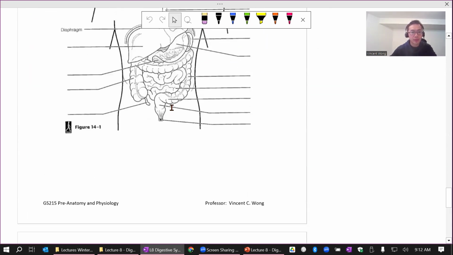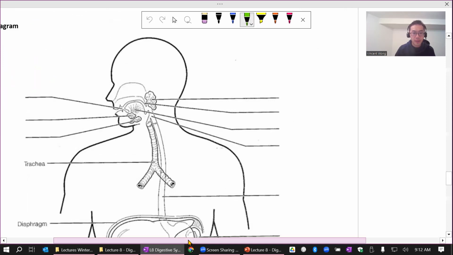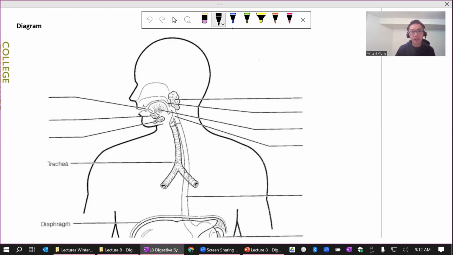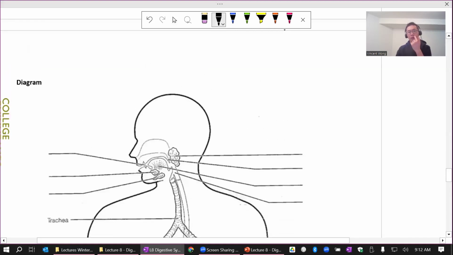Okay, this is another diagram. I like this one better. So let's start with some basic terminology. From the mouth all the way to the anus, it is called the GI tract, the gastrointestinal tract. But it has another name.